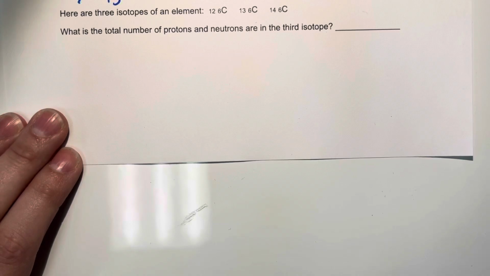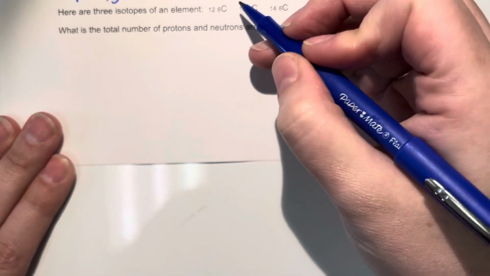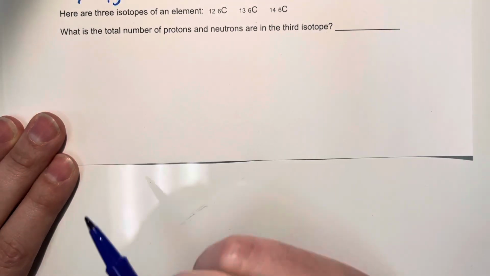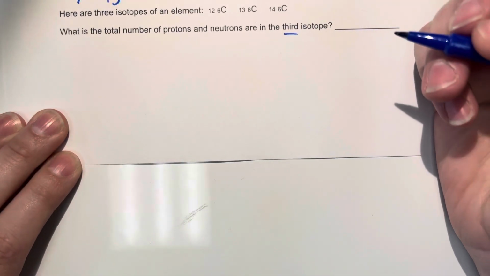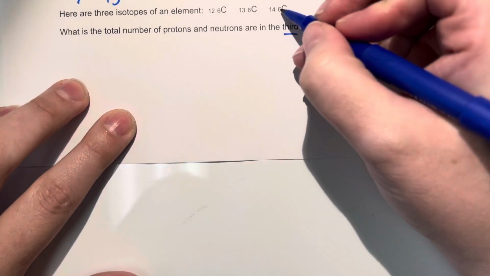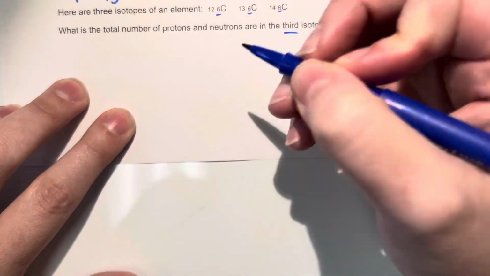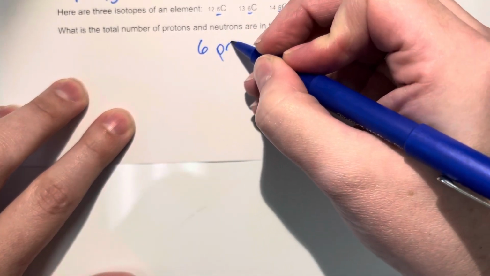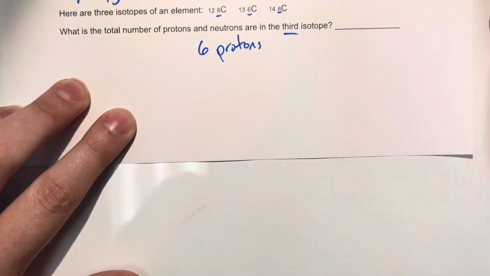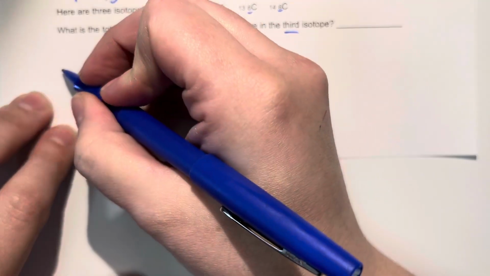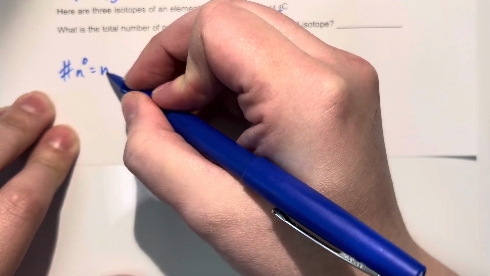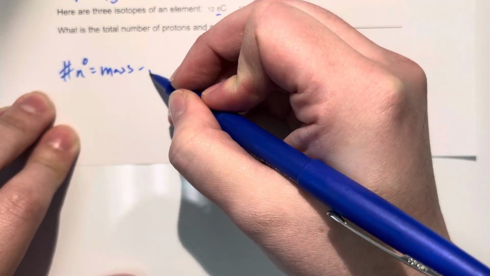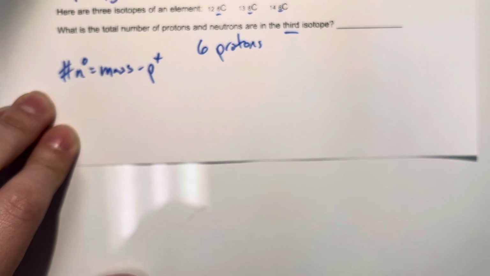Here are 3 isotopes of an element, C12, C13, C14. What is the total number of protons and neutrons for the third isotope? My number of protons is the thing that does not change. That is going to be 6, so I have 6 protons. And my number of neutrons is going to be my mass minus my protons.